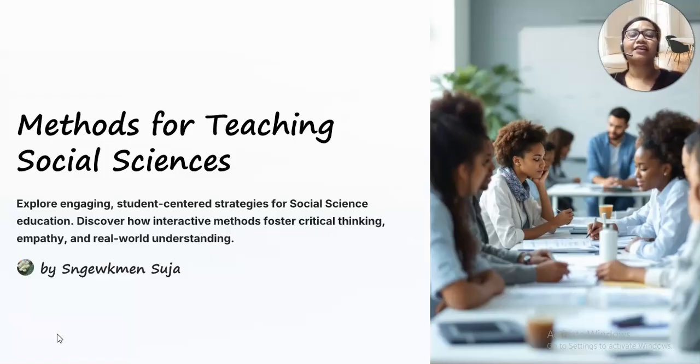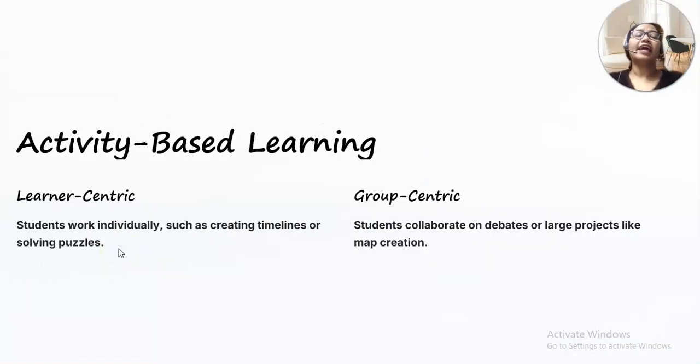Let's dive in. The first method is activity based learning. This is like giving students a stage to perform, a puzzle to solve, or a world to build. Here, students don't just sit and listen, they do.